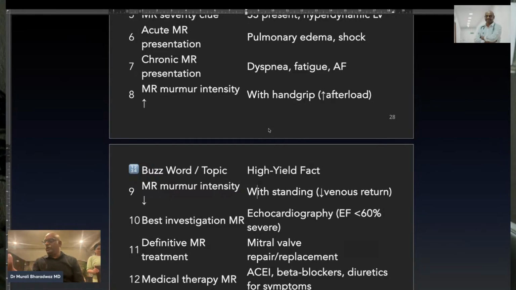If you do hand grip exercise, that leads to vasoconstriction, which will increase the systemic vascular resistance, the afterload against the ventricle. So the regurgitation will increase once more. Hand grip exercise also leads to a rise of catecholamines, which will lead to vasoconstriction and afterload on the heart, and regurgitation will increase.